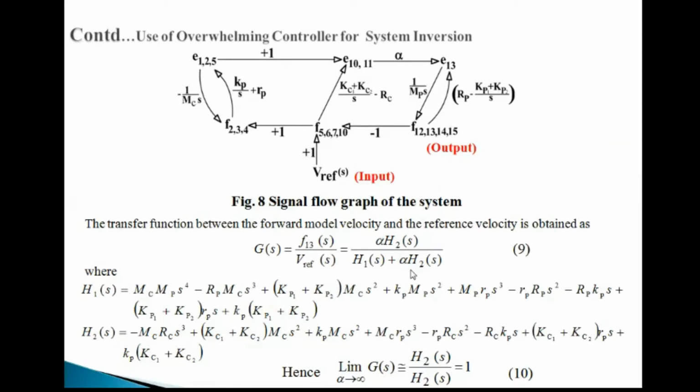And if we divide equation number 9, then we get this as the gain. If we make the limit of alpha increase to infinity, then we see that the gain is approximately 1.